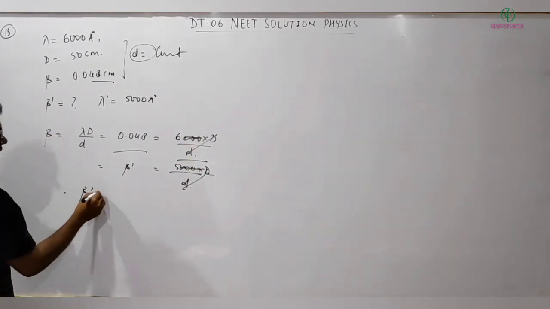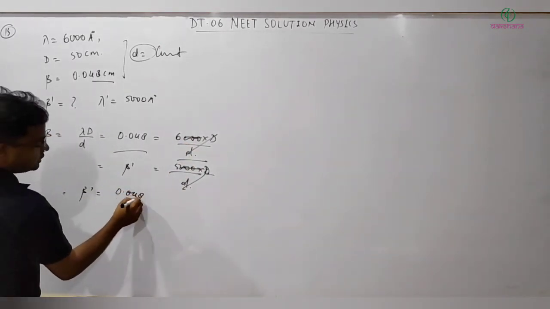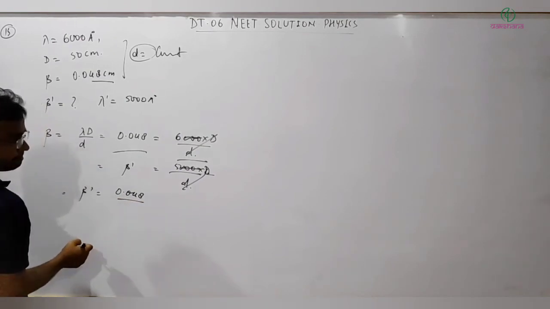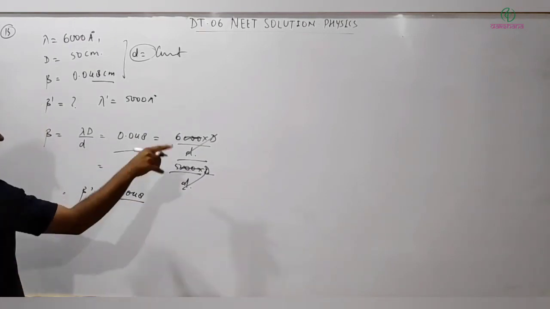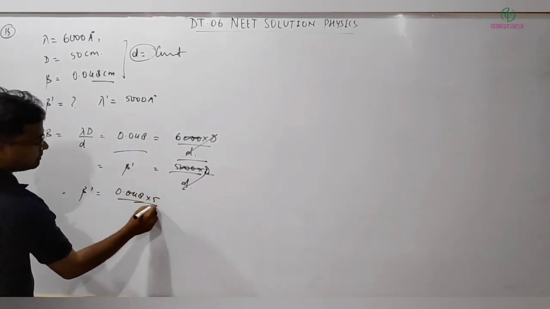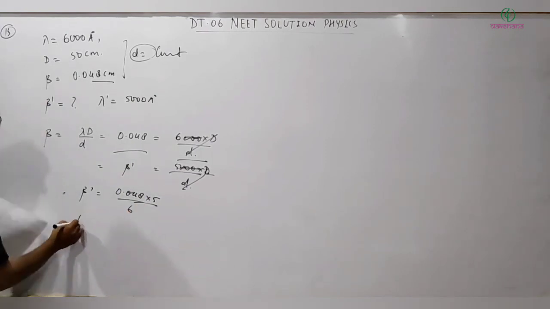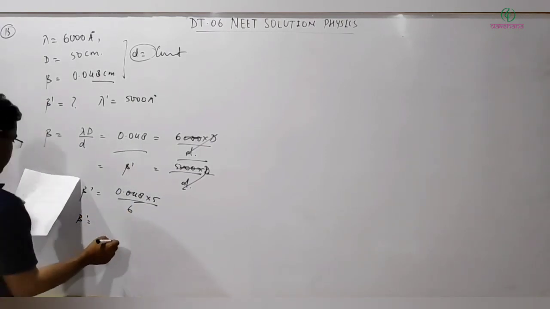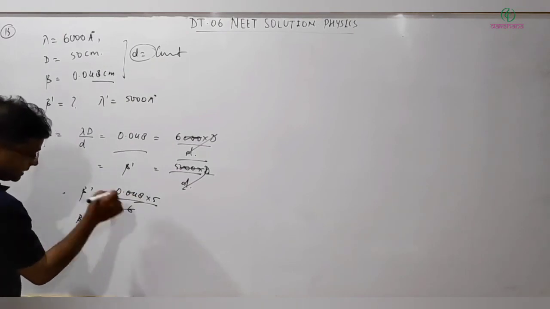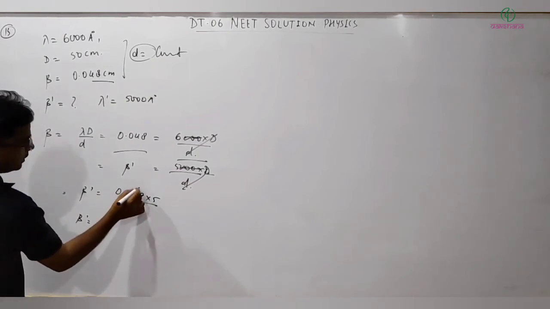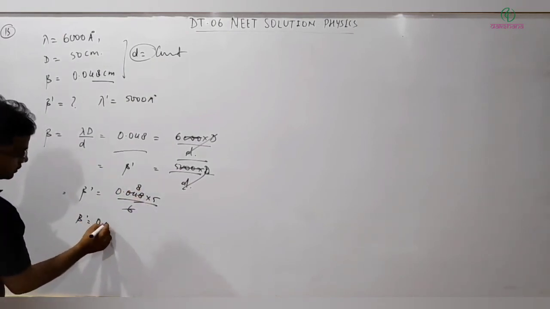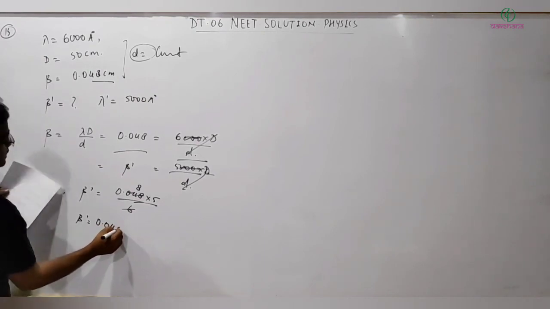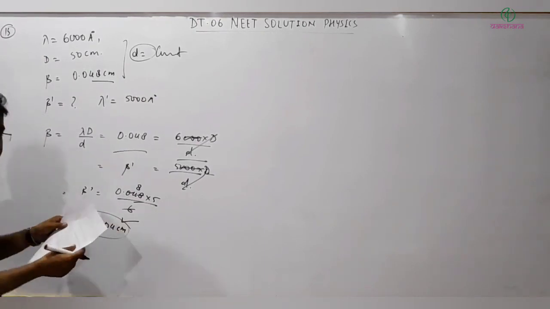So beta prime is equal to 0.048 multiplied by 5 divided by 6, and simplifying it, beta prime is 0.04 centimeter, which will be your fringe width.